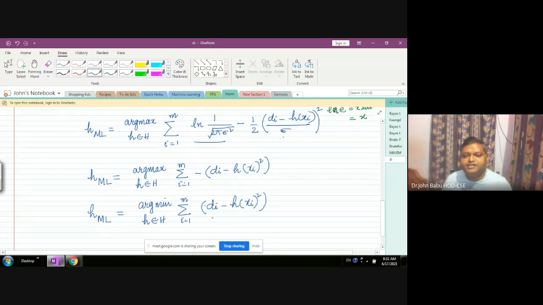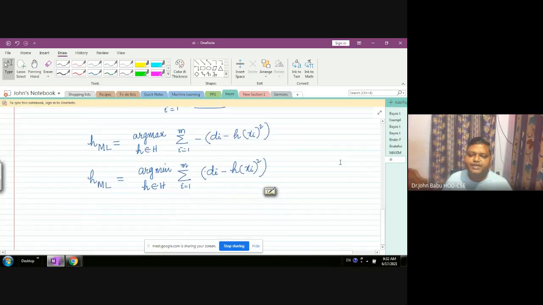This is the same as minimization of least square error, isn't it? In the least square error method, we calculated y minus y cap, and we calculated the sum of all these squared errors and minimized it, which is very much the same.